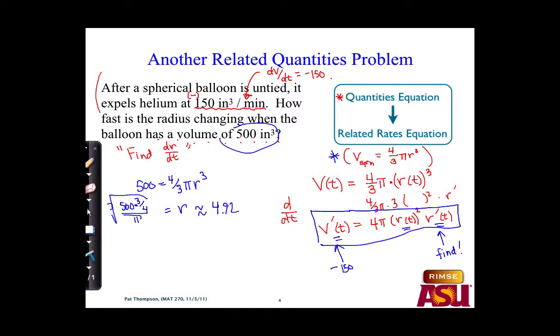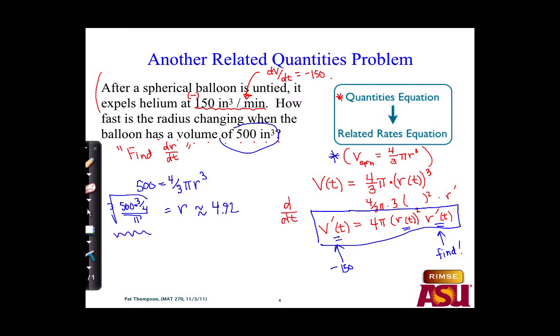Exact form would be that one, but just for something to think about, I have a value of the radius that goes with the volume of this. So it's how fast is the radius changing when the balloon has a volume of 500 cubic inches is the same as how fast is the radius changing when the radius is approximately 4.92 inches.